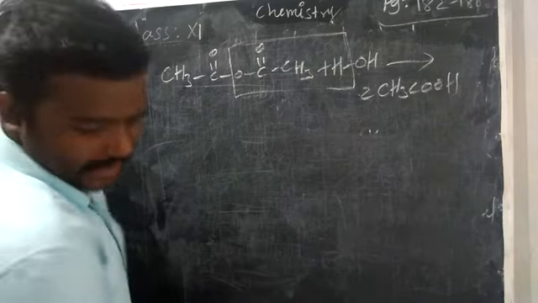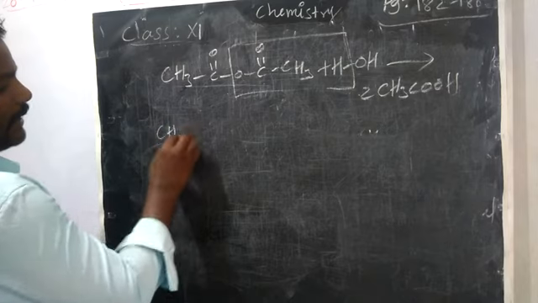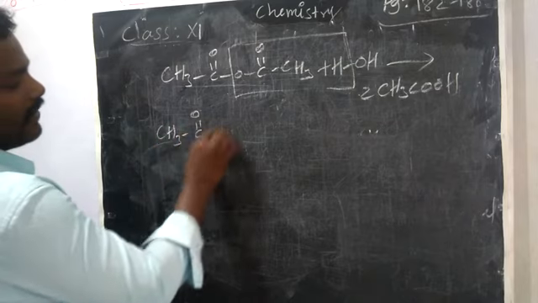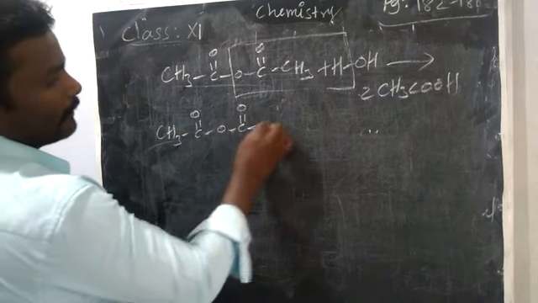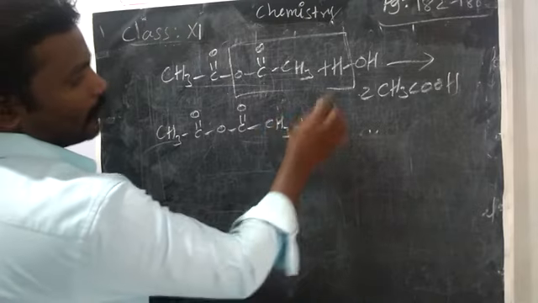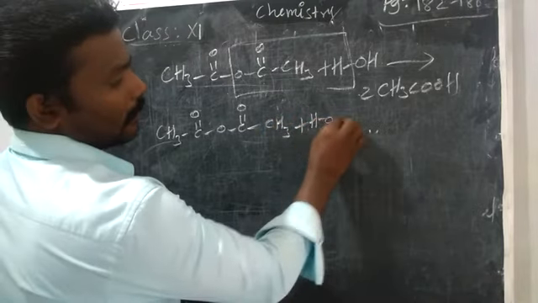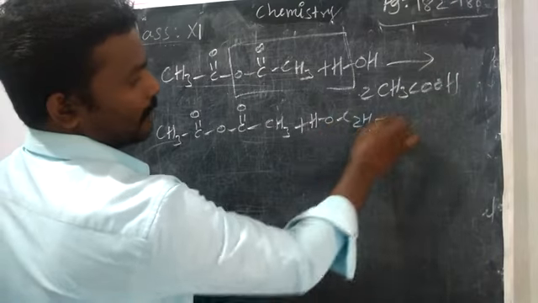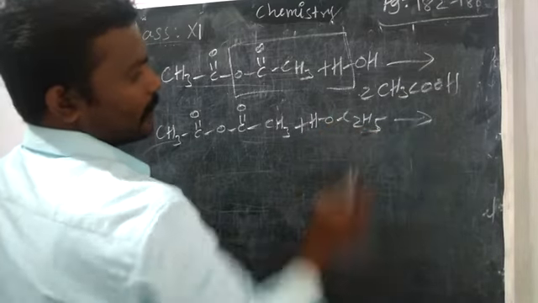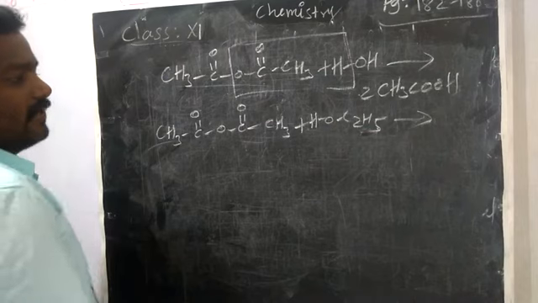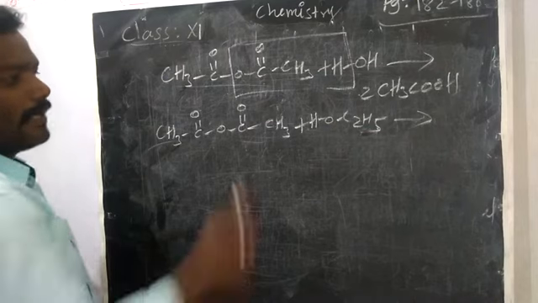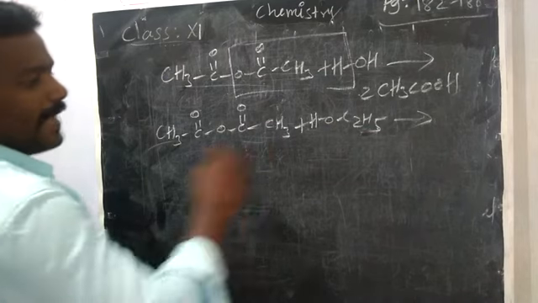Okay. Next, acetic anhydride reacting with alcohol. What alcohol do we have to take? Ethyl alcohol, C2H5OH. So ester formation will take place. How? As usual, you remove one acid group.